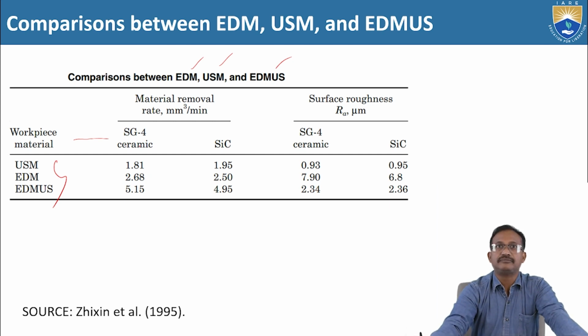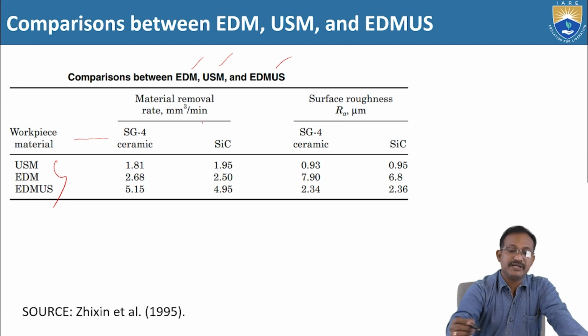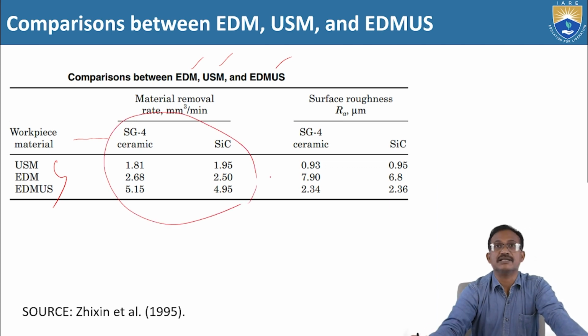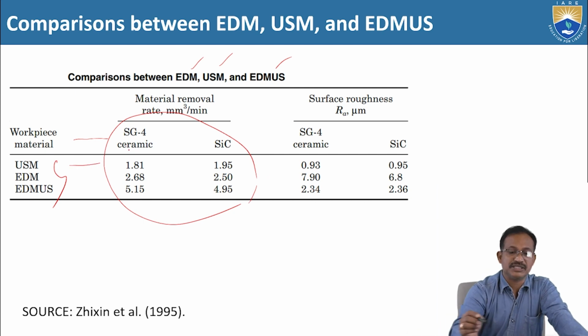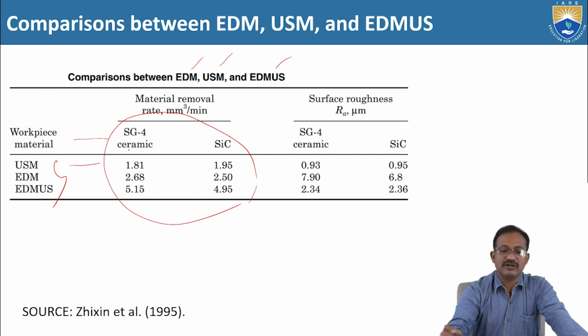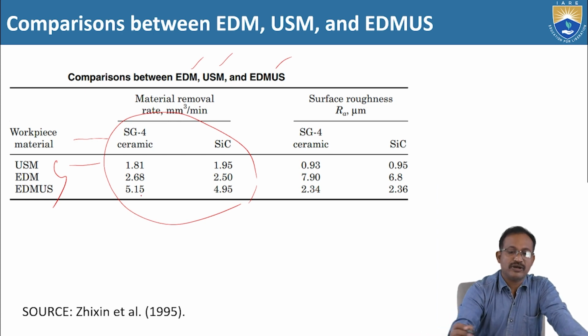So here, material removal rate for these two materials for ultrasonic machining is 1.81 and 1.95. For EDM this is 2.68, for SiC it is 2.5, and for EDMUS 5.15, and for SiC it is 4.9.